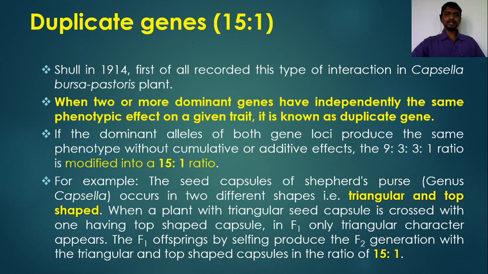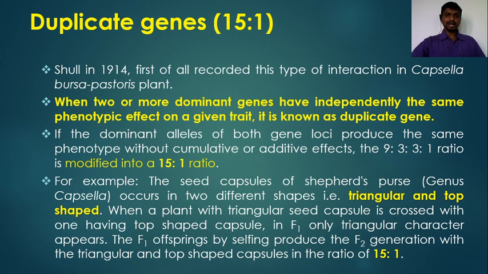When a plant with a triangular seed capsule is crossed with one having a top shaped or oval shaped capsule, in F1 only the triangular character appears. The F1 offspring, by selfing, produce the F2 generation with triangular and top shaped capsules in the ratio of 15:1. So, we take two individuals, one with a triangular seed capsule and the other with a top shape.